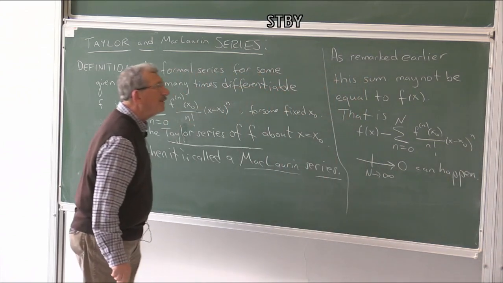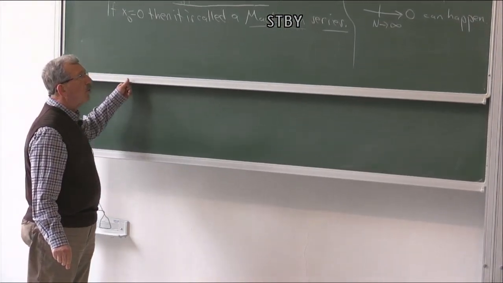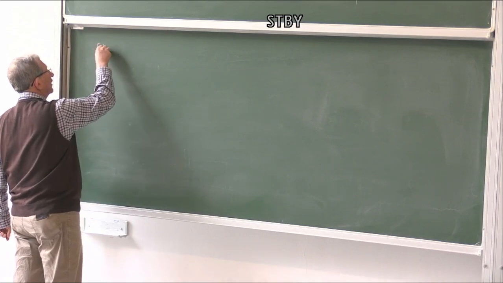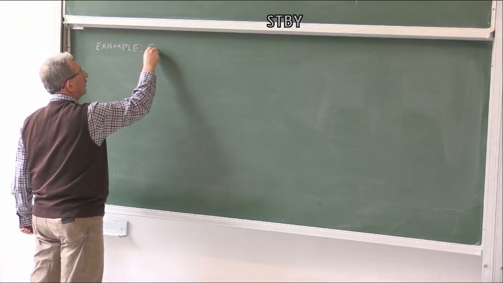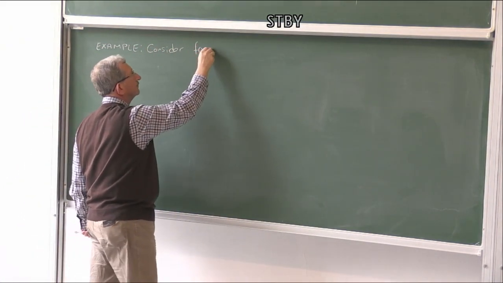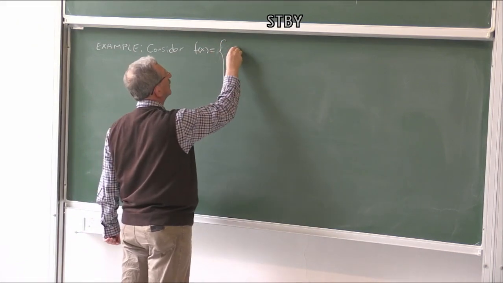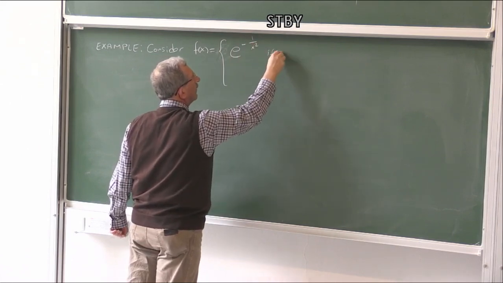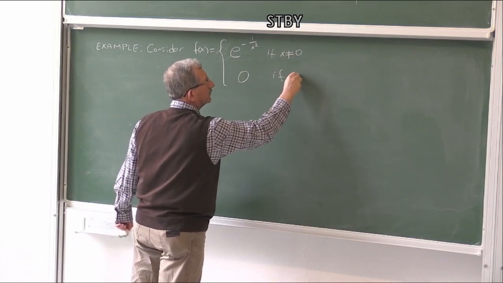We already claimed this, so let me now show an example. Consider the function e to the minus 1 over x squared if x is not 0, and 0 if x is 0.